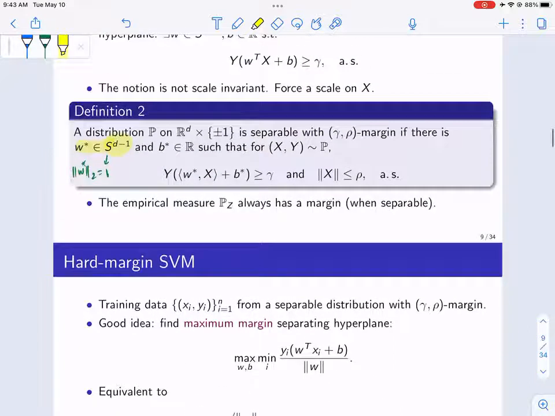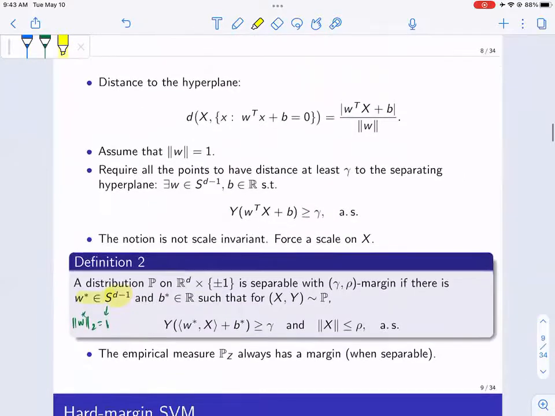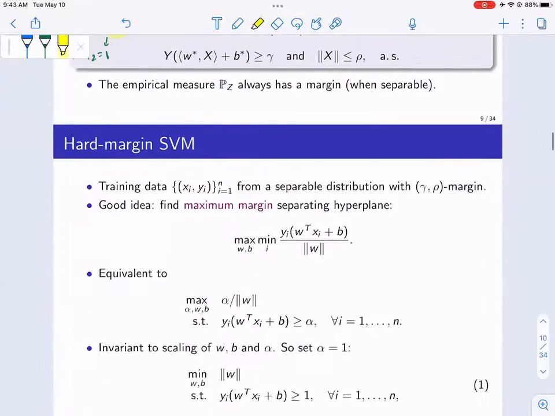So if you have a separable data set with a given margin, the natural thing is to try to find a hyperplane that maximizes the margin. We have seen that the margin has this expression. So I have a training set, a data set of size n, and the distance of the ith example from the hyperplane is this, on either side.